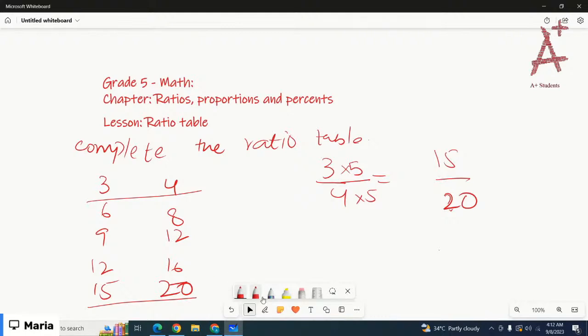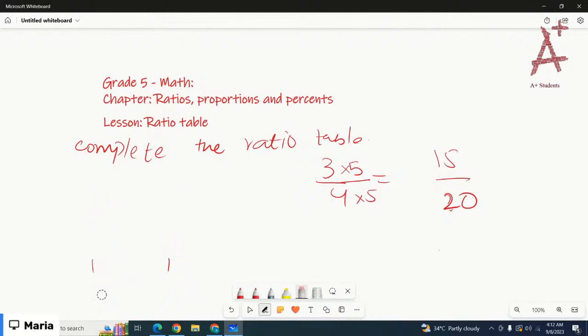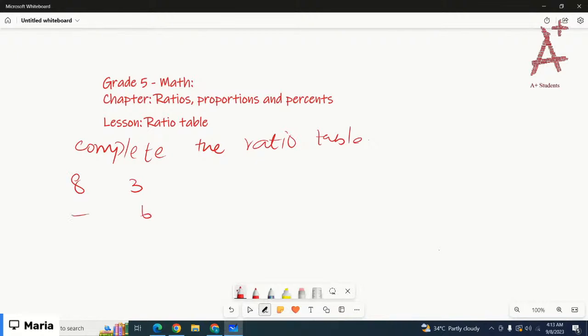Okay, the next one is 8, 3, the missing value, 6, 24, 9, 32, 12, 40, and 15.